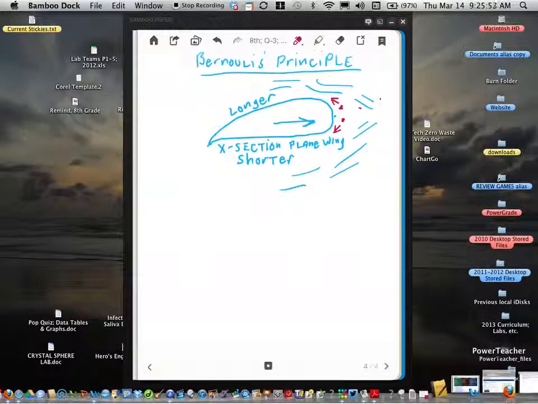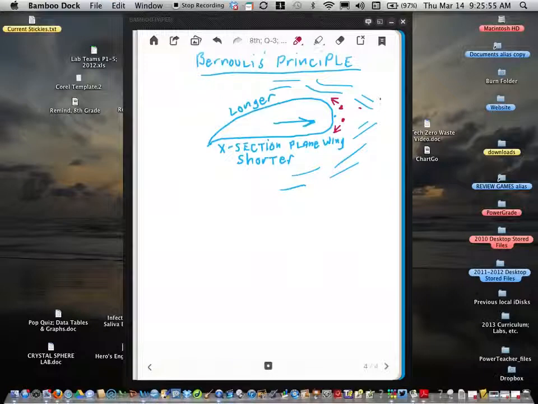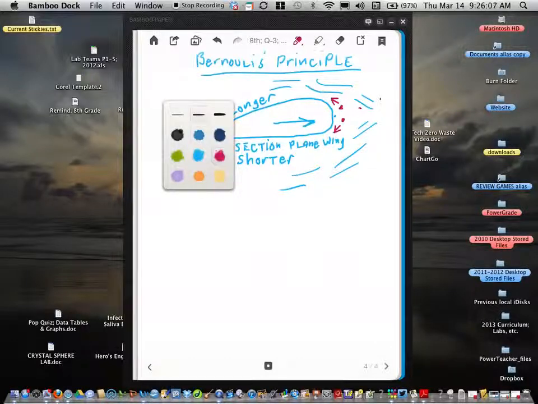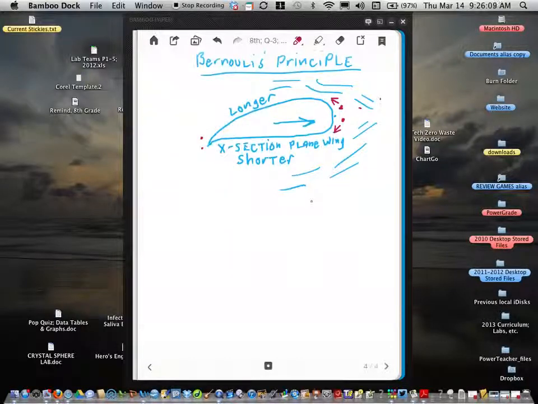So the molecule that travels along the top goes a greater distance, but it does so in the same amount of time as the one on the bottom, and they both end up at the back of the wing at the same time.